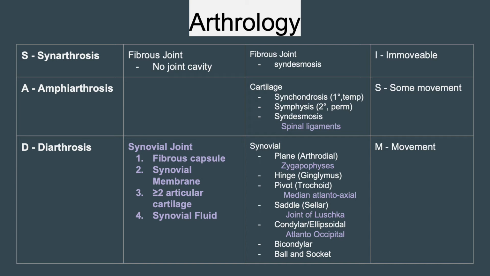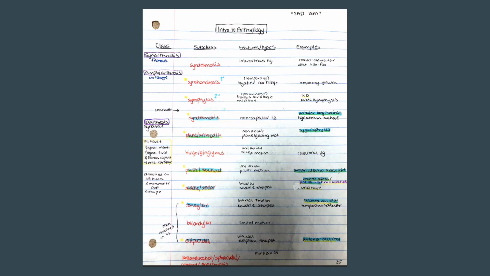And then your condylar or ellipsoidal joint, your atlanto-occipital joint is going to be a classic example of that. Here's just a little chart that I wound up writing out for myself just to help me remember what was what. If that helps you, then I would write it out as well.